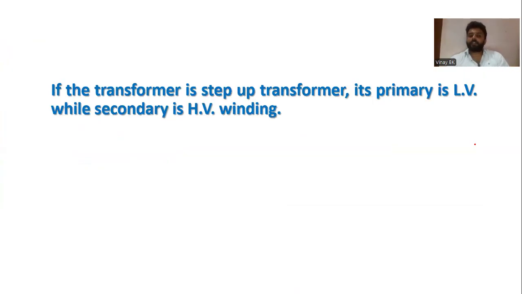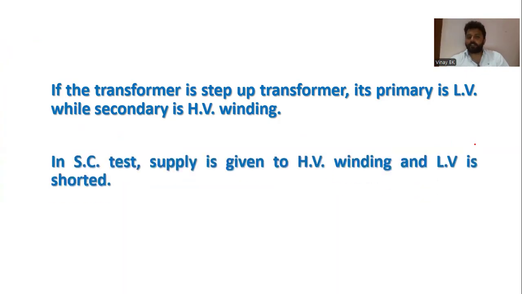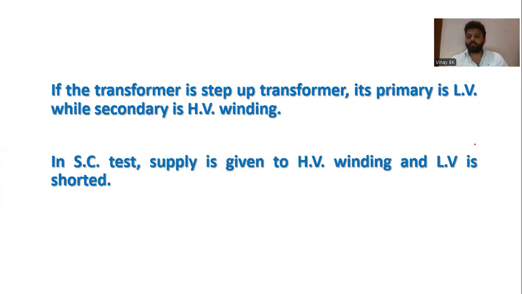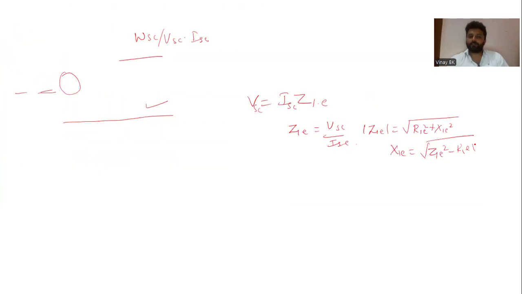If the transformer is a step-up transformer, its primary winding is low voltage, while the secondary is the high voltage winding. In the short circuit test, supply is given to the high voltage side and the low voltage side is short circuited. That you should know. This is about the OCSC test.